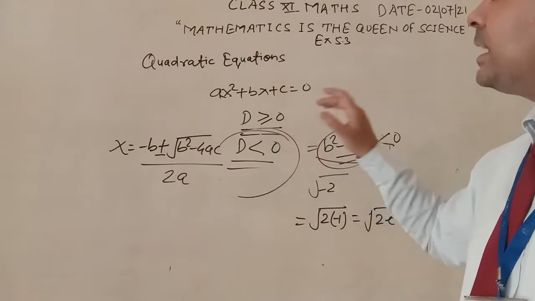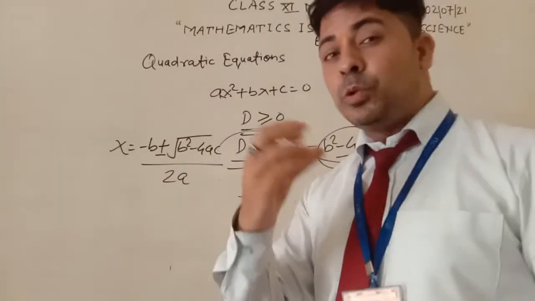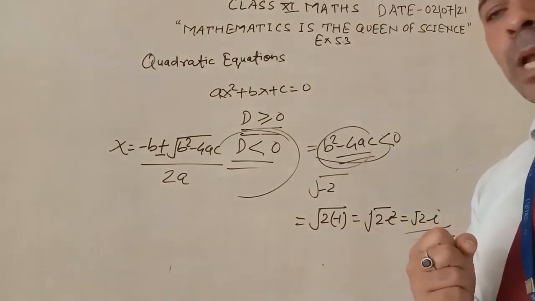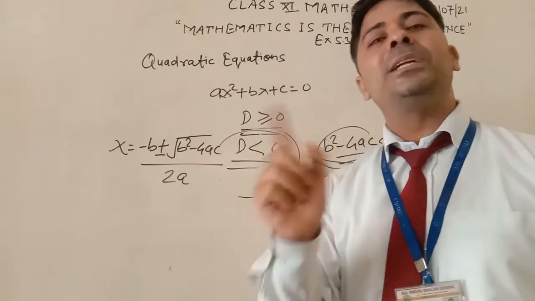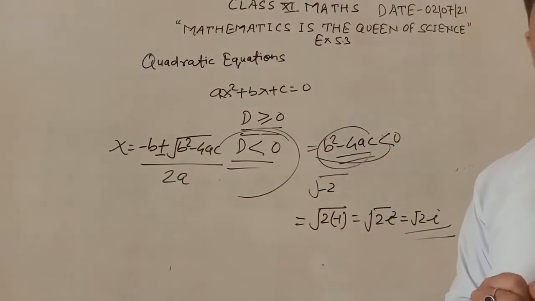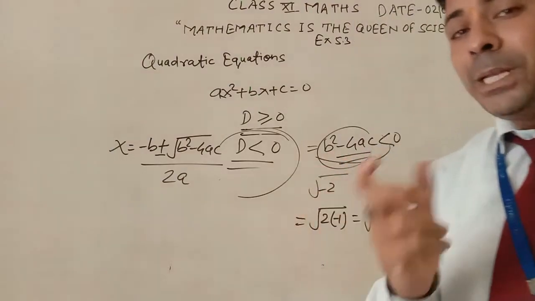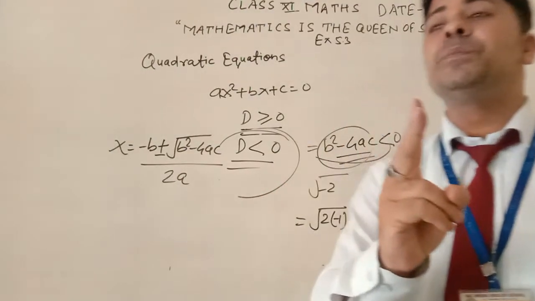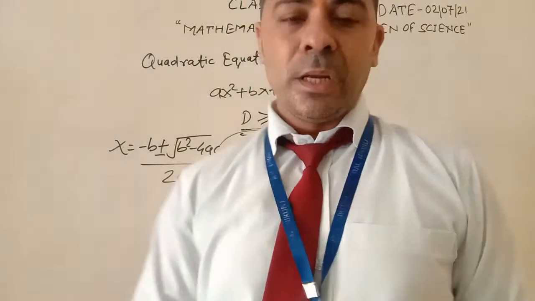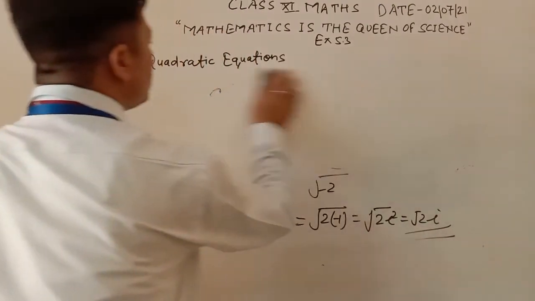When d is greater than 0, there are two distinct roots of the equation, and when d is equal to 0, there are two real but equal roots. So you know that any quadratic equation gives two values. Now we will study some problems based on this.